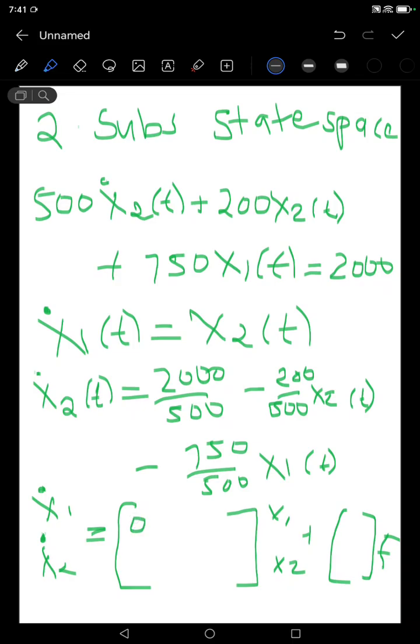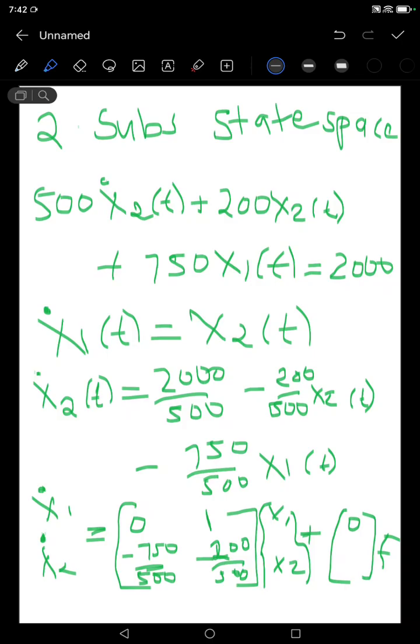Yes, we write the coefficient of x2, which is 1. And then we go to x2 dot. Do we have the value of x1? Yes, which is minus 750 over 500. And do we have the value of x2? Yes, which is minus 200 over 500. Do we have the value of force on x1? No, so it's going to be 0.